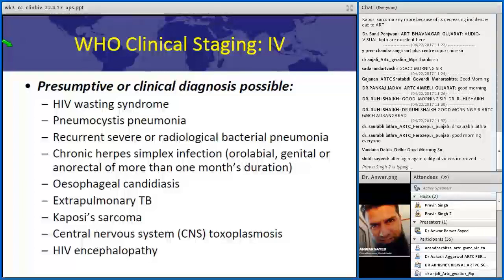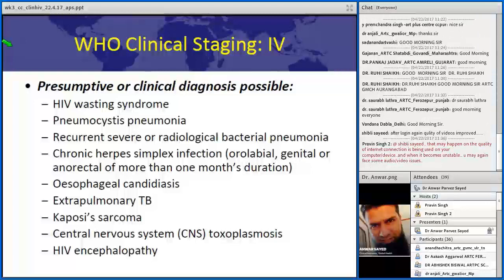You do USG abdomen, and under USG abdomen you will see the lymph nodes, and you will treat for abdominal tuberculosis. You will start category 1 for that patient. But we have not again isolated the organisms, we have not taken any biopsy, we don't see any histological picture of that lymph node. We just assume that this enlarged lymph node can be because of tuberculosis, and we started with anti-TB treatment.